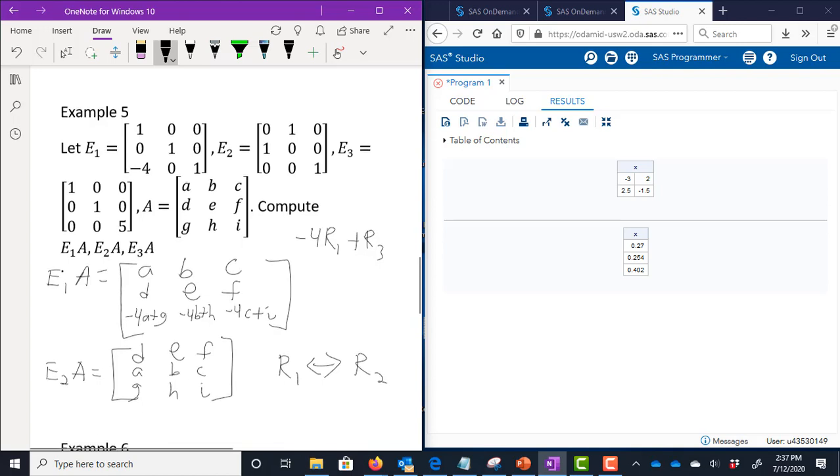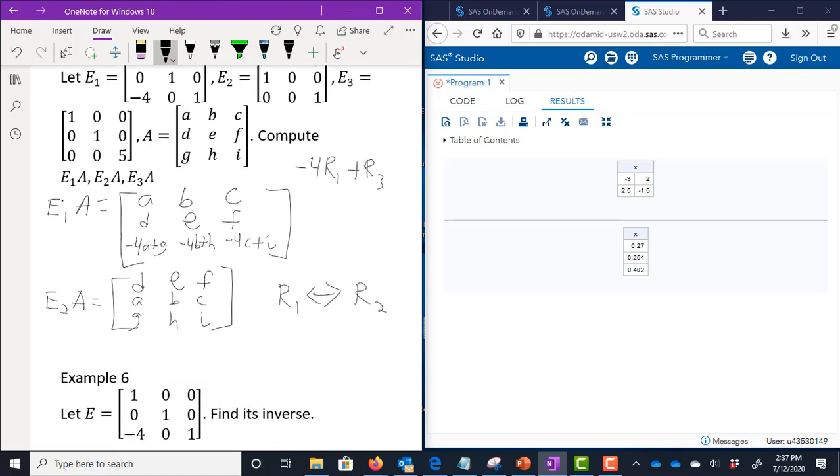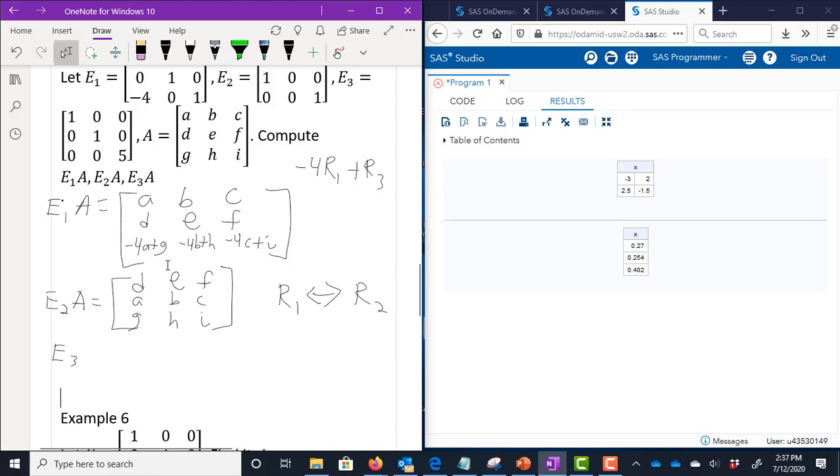And then the third one, e sub 3 times a. I'm going to just very quickly add a space in here for more room. E sub 3 times a. This would be this row times this column. This would give us a, b, and c.